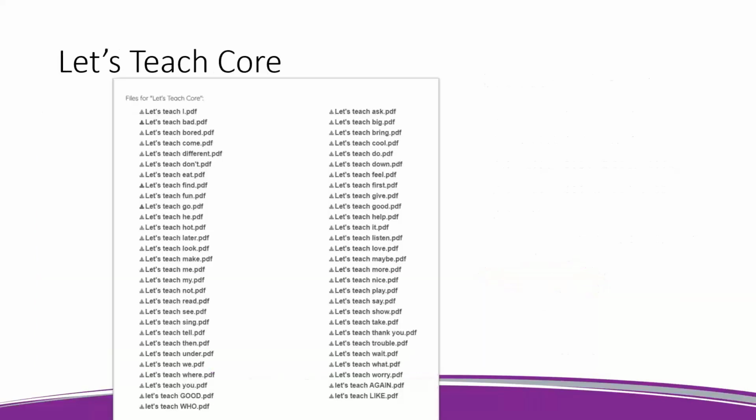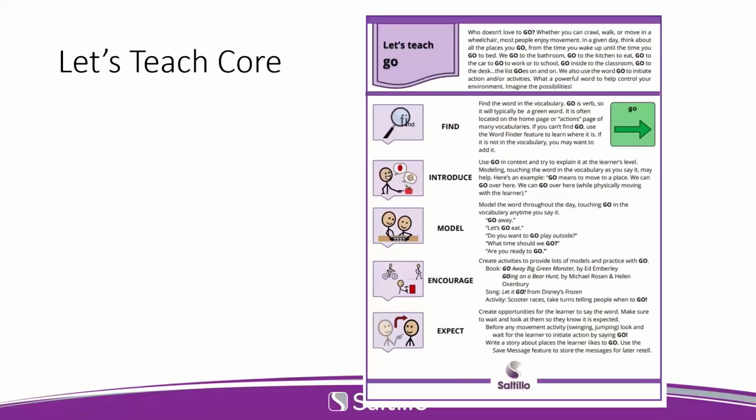Okay, so when you click on it, you will get a pop-up with all of these core words to choose from. And each one of these files is a single page handout. So I'm going to show you the one for the word go. This is what it looks like in its entirety, but we're going to break down each piece.